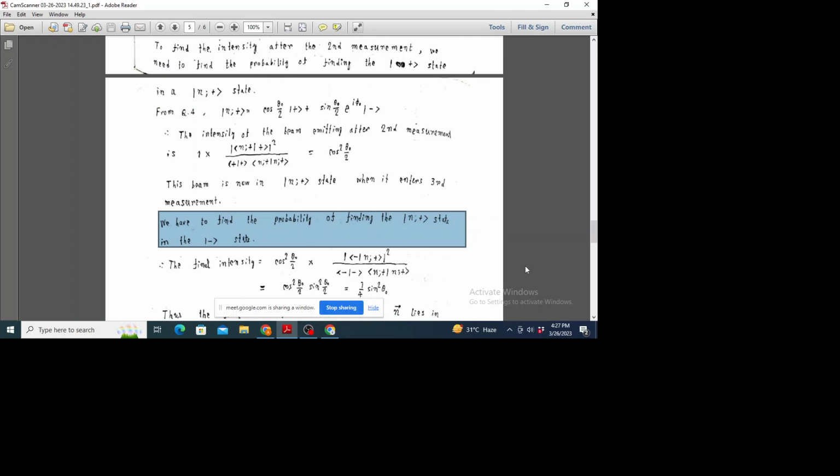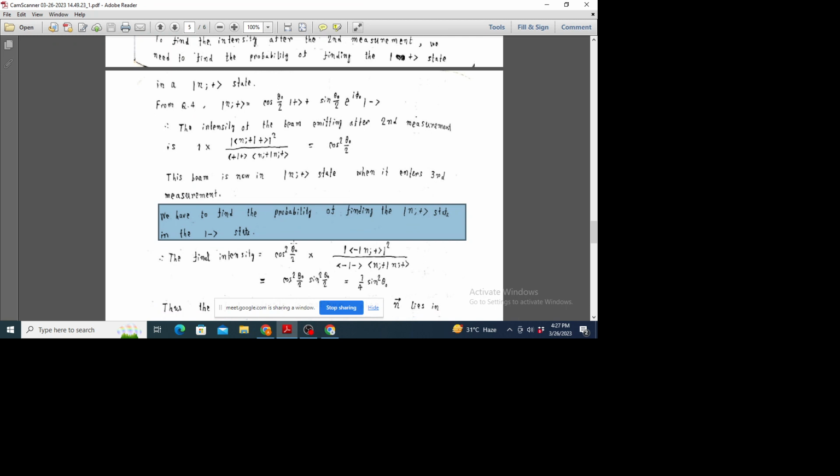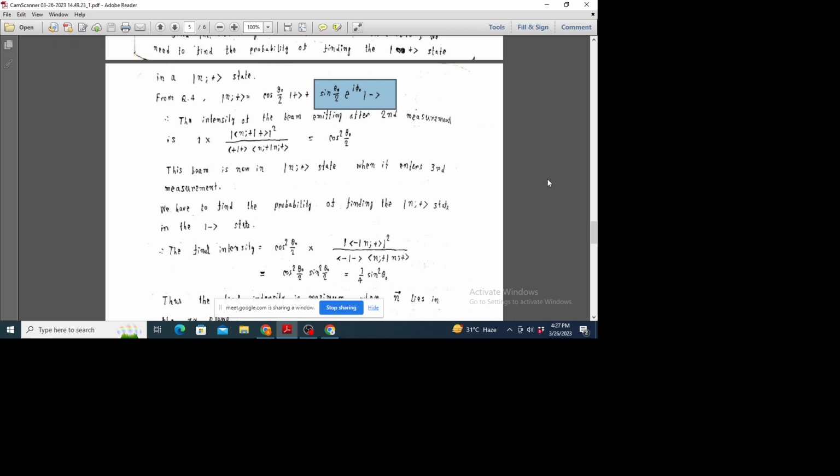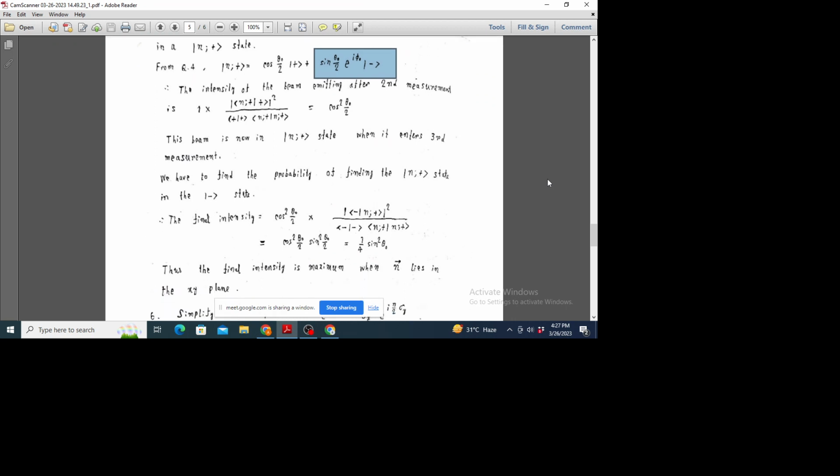And what is this intensity? This is the quantum mechanical probability part. So for the probability of finding the n plus state in the minus state, just take the dot product, and the non-zero result comes from this part. Take the mod square and the phase factors give you 1.